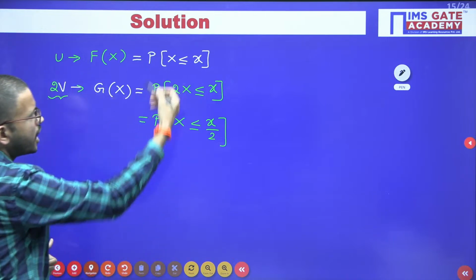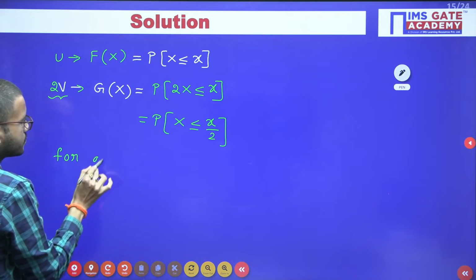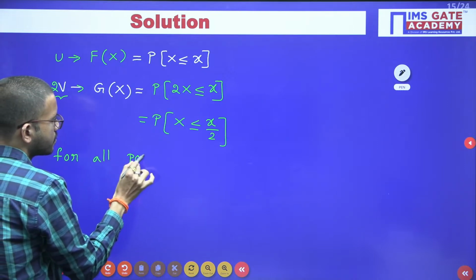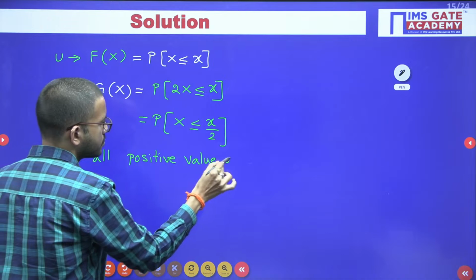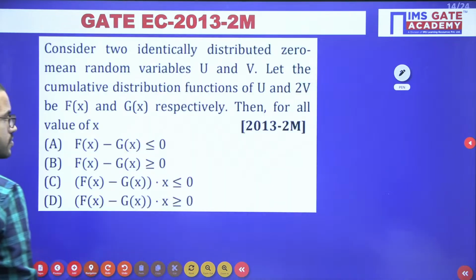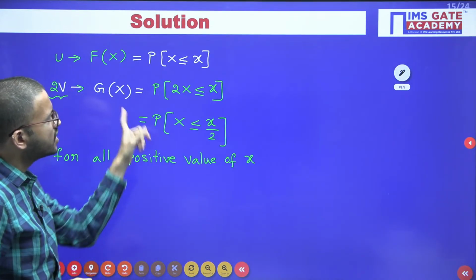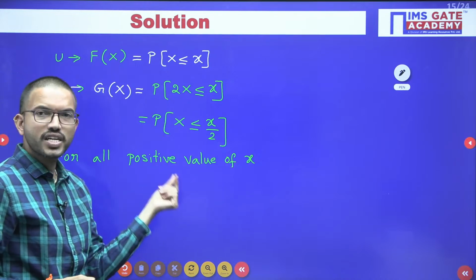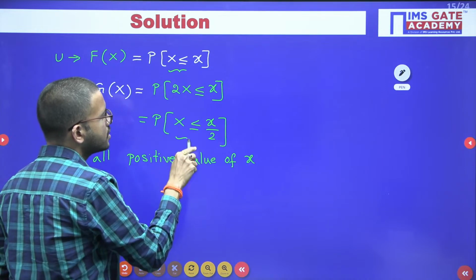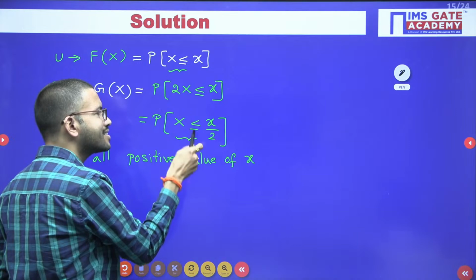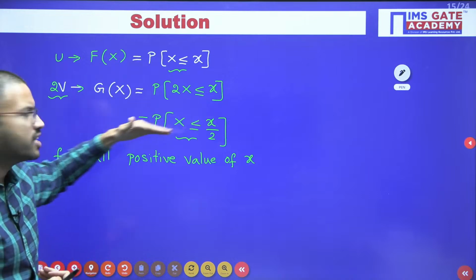So for all positive values of x, just by observing these two, U less than or equal to x, but V less than or equal to x by 2 only. Among these two, obviously F of x is greater when compared to G of x.